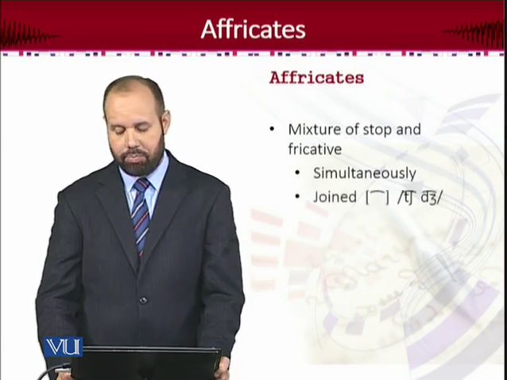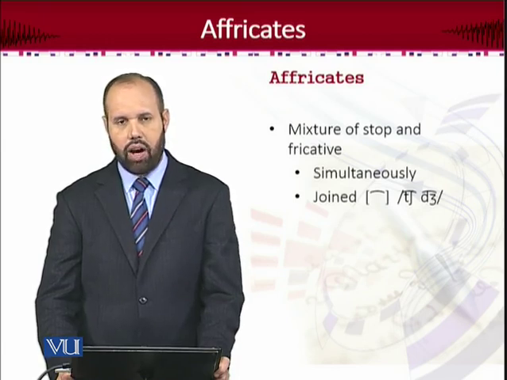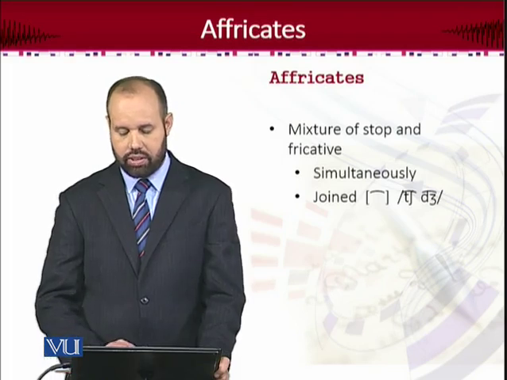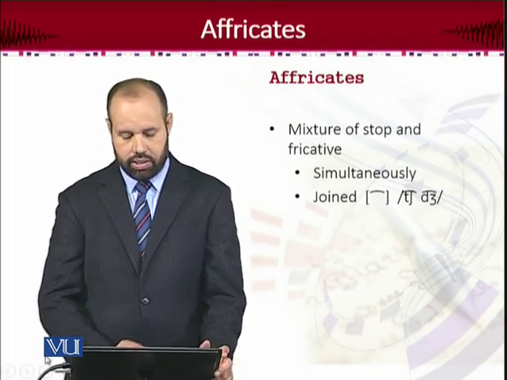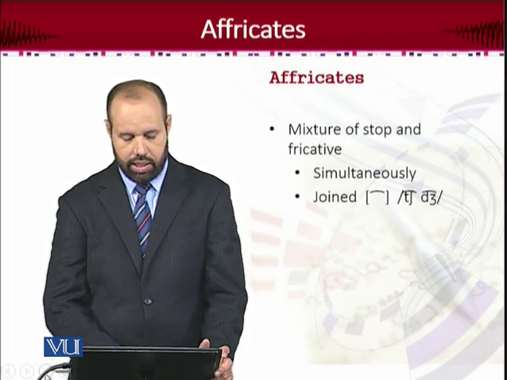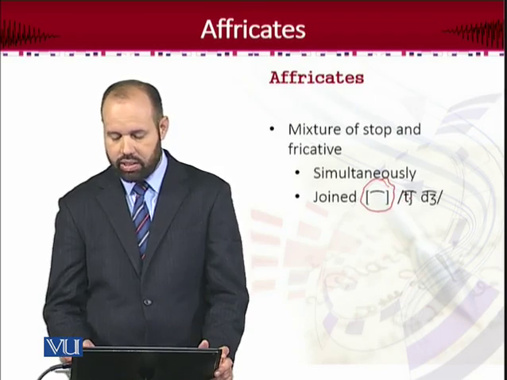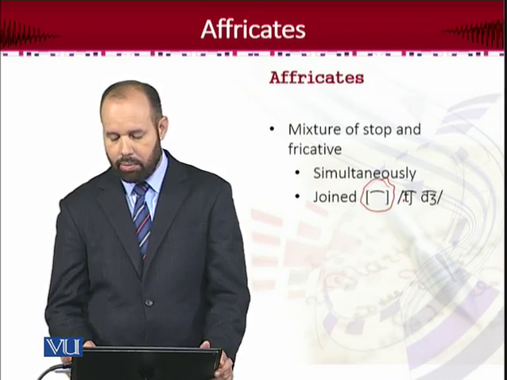And remember one more thing about affricates: when you transcribe affricates, there is a tie bar, if you just see here. This tie bar is an important point, and it is put above these two sounds. If you remember these symbols, this is a t symbol and this is an sh symbol.